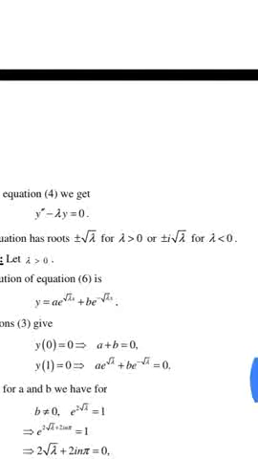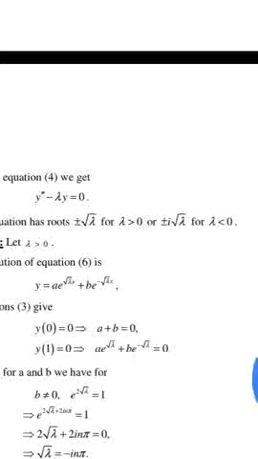This equation has the auxiliary equation D square minus lambda is equal to 0, D square is equal to lambda, and D is equal to plus minus square root of lambda.